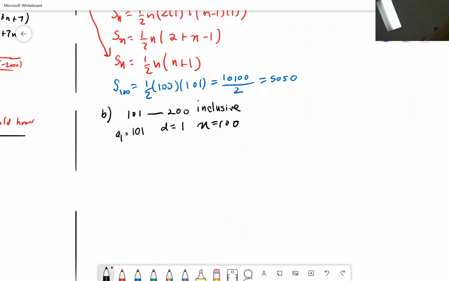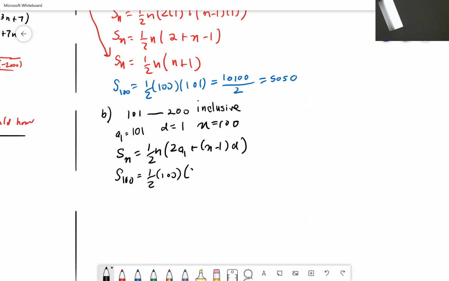Now, in theory, I should just go sum of n equals half n times twice the first term plus n minus 1 times the common difference. And so S of 100 must equal half times 100 times twice 101 plus 99 times 1. And that should give you the answer.